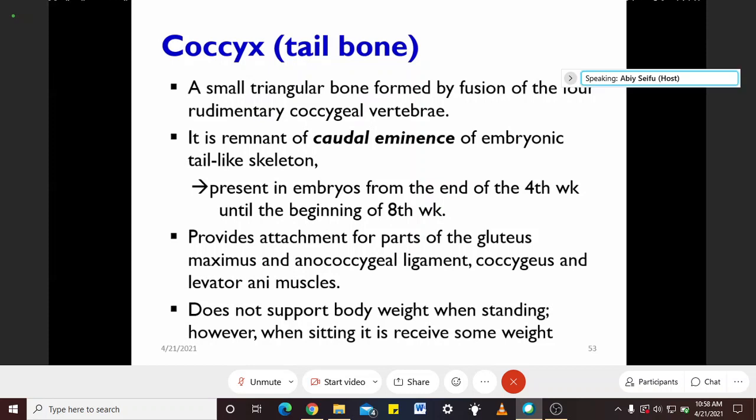So those muscles are attached on the coccyx, because as we have said before, it is used primarily for the attachment of those muscles rather than receiving or supporting weight. Of course, it has a small contribution to receiving weight during the sitting position.